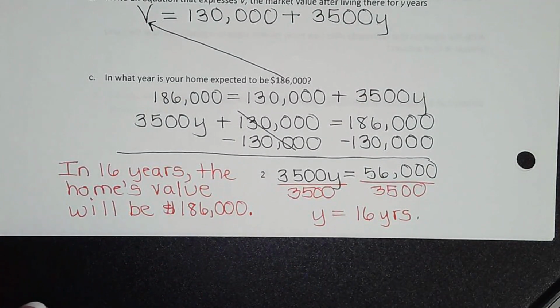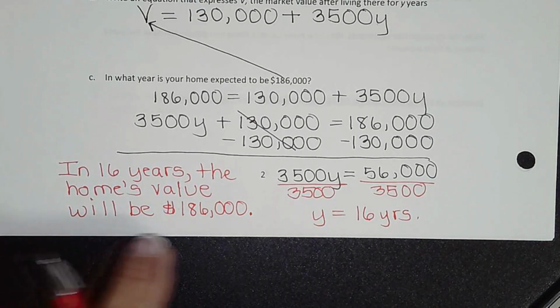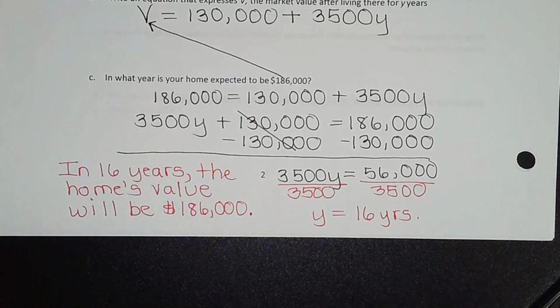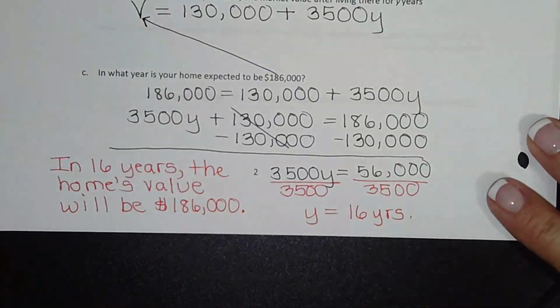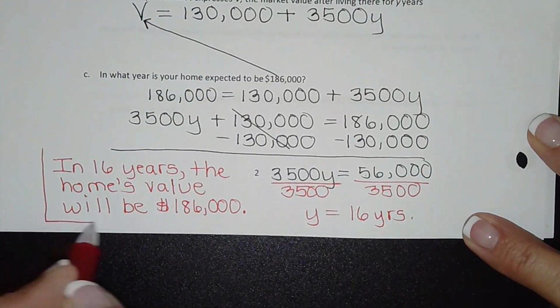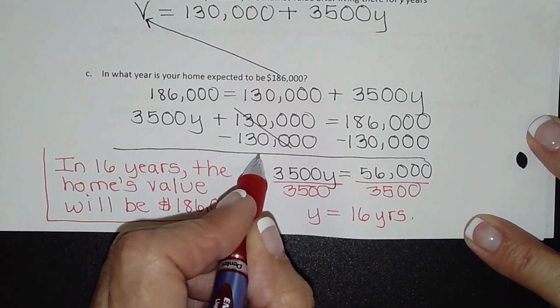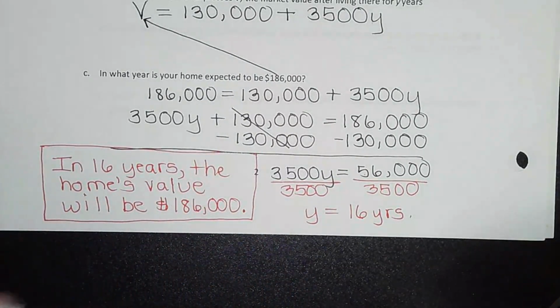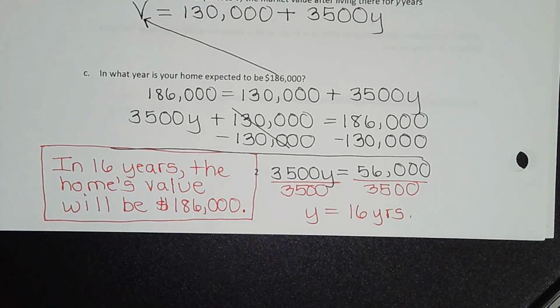Or you could say the home's value will be 186,000 in 16 years. Order doesn't matter, so either way is fine. And there you have it.